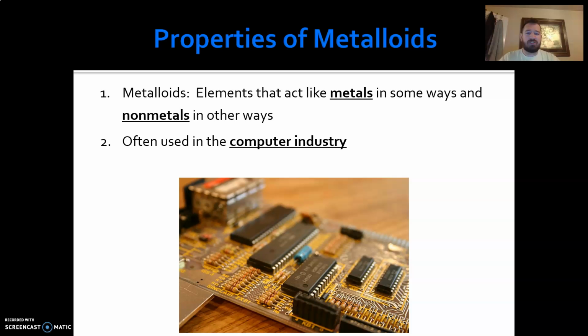Silicon Valley is big with using metalloids. We can take advantage of some of these properties of each, and it's very useful for making new electronics or cell phones and stuff like that. And some examples of metalloids would be boron and silicon, right? Hence the name Silicon Valley.